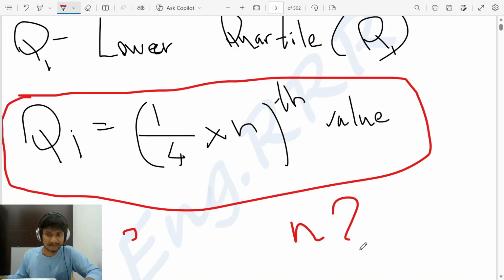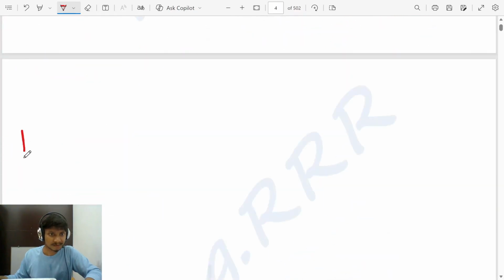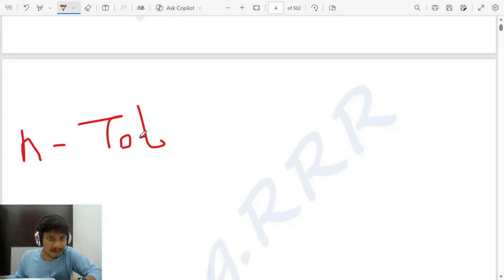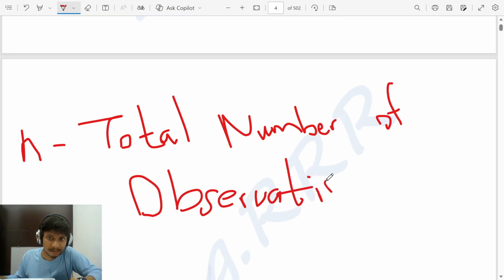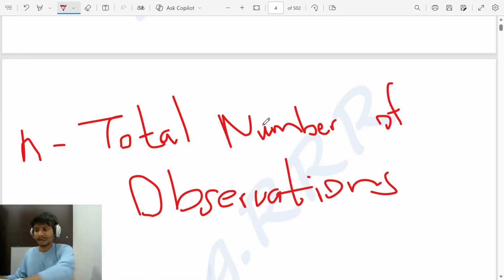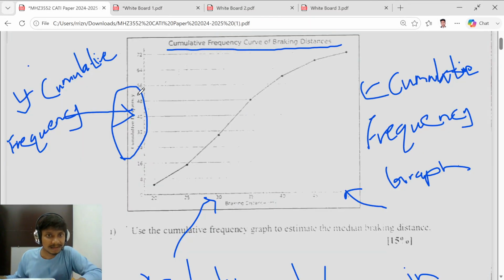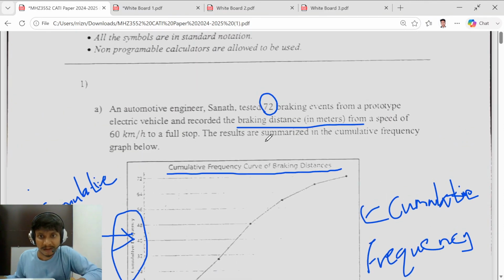N is the total number of observations. Here in our question, what is the total number of observations? 72.